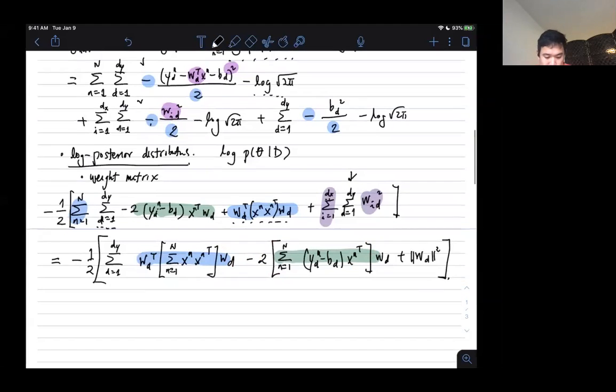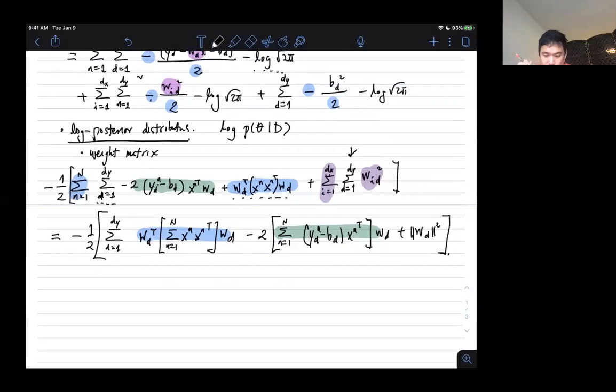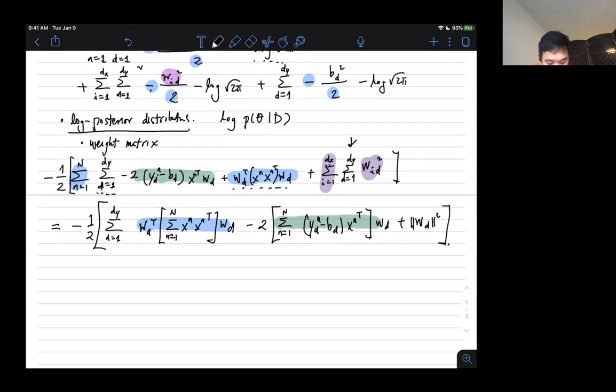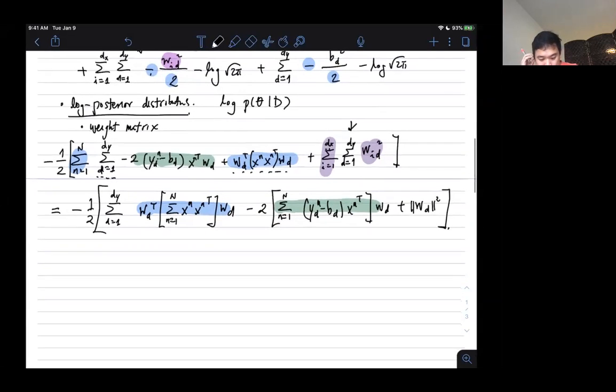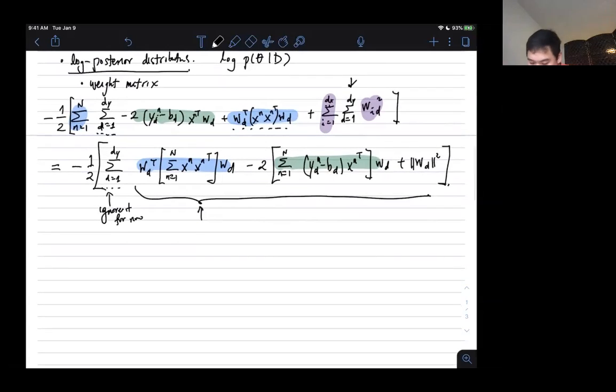All right, and now here we're going to do a bit of the magical thing. I need to be very, very careful here. We're going to rewrite this whole thing. We're looking at the inside, so for now, ignore this. Ignore it for now, and look at only the term inside this summation.